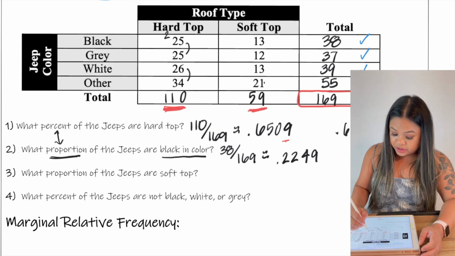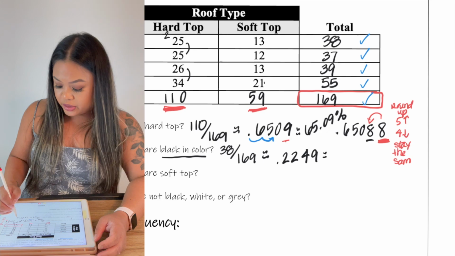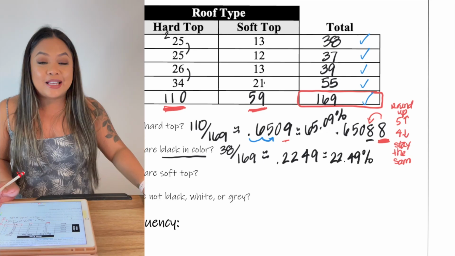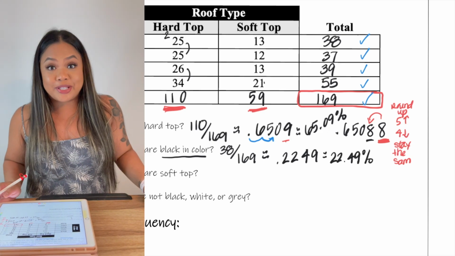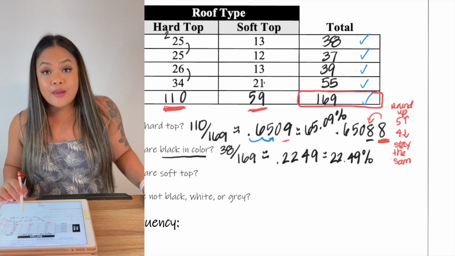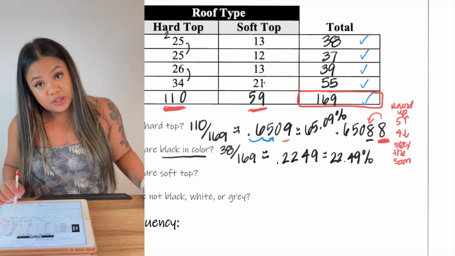And for these in percentages, we're going to move this decimal to the right 2 times. That's going to be 65.09%. And the other one is going to be 22.49%. Sorry, I forgot to turn them into percentages. So you should be able to write these in decimal form or percentages, okay?